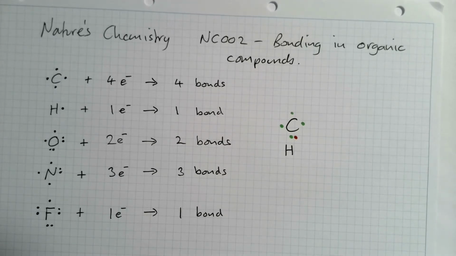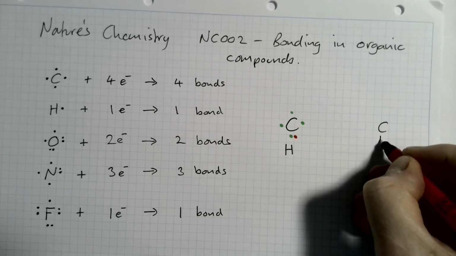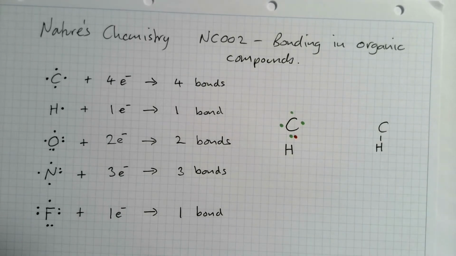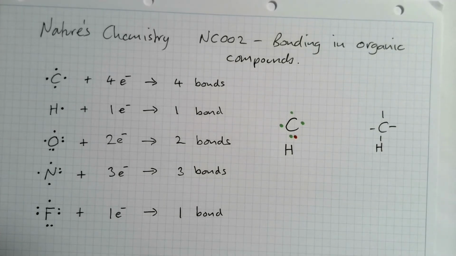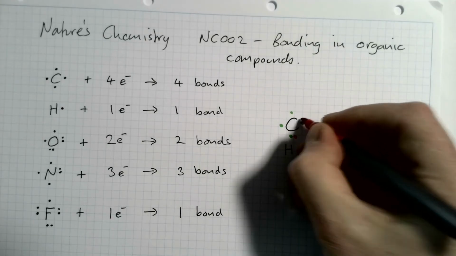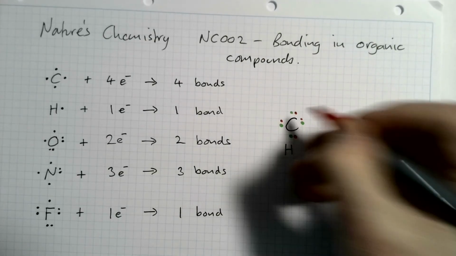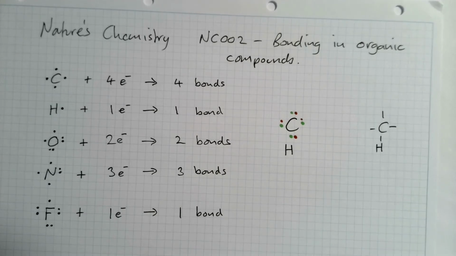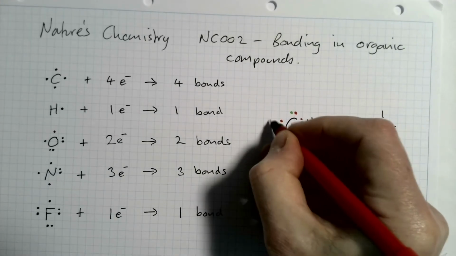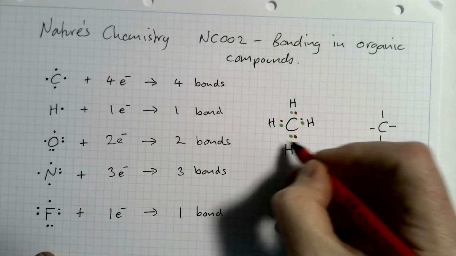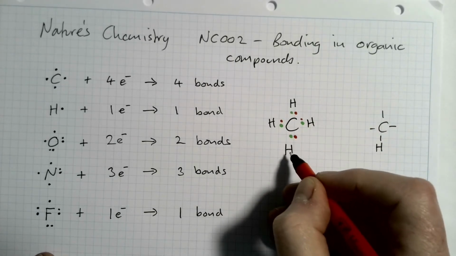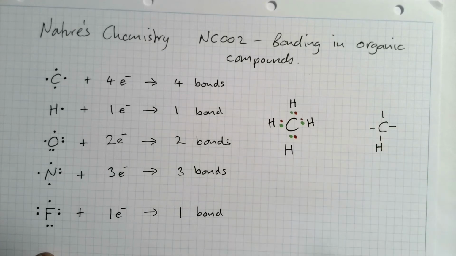So the carbon and the hydrogen are bonded. At the moment, the carbon is still free to make 3 more bonds. So I can pop on 3 more hydrogens. There we go, hydrogen, hydrogen, hydrogen. The red electrons are coming from the hydrogen atoms. The green electrons are coming from the carbon atom.